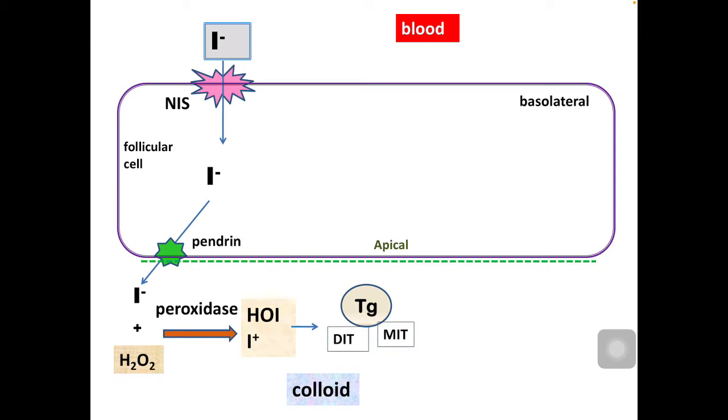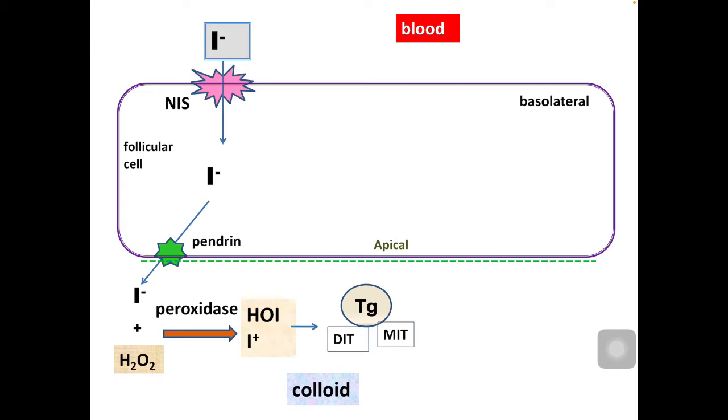In the next step, iodination of the thyroglobulin takes place, that is, of the tyrosine molecules present in the colloid. Colloid is nothing but tyrosine molecules attached to a globulin protein.